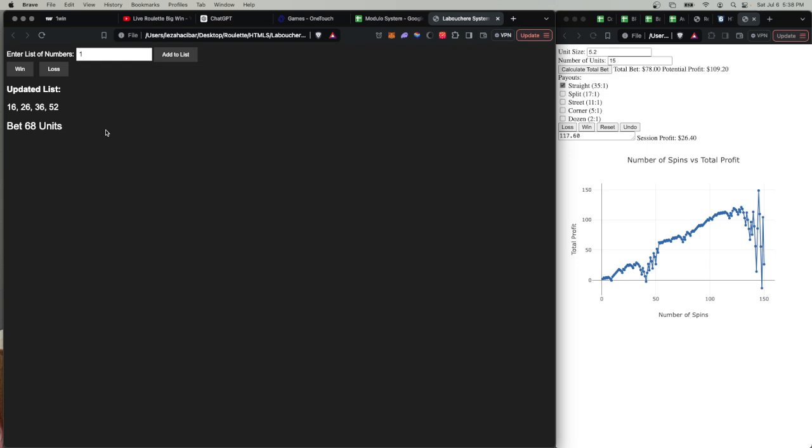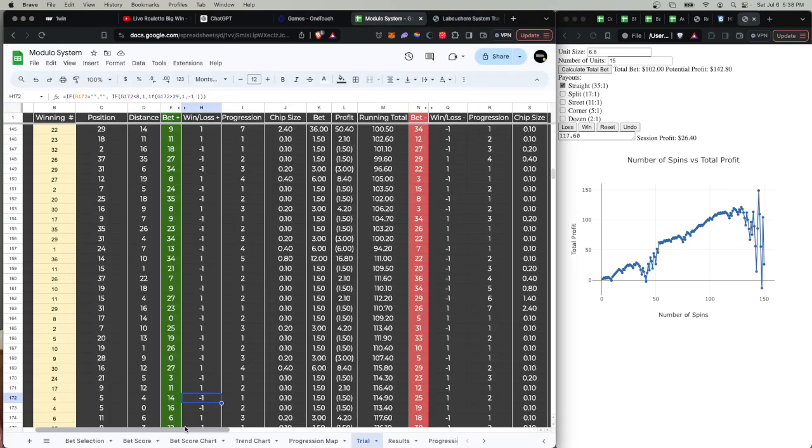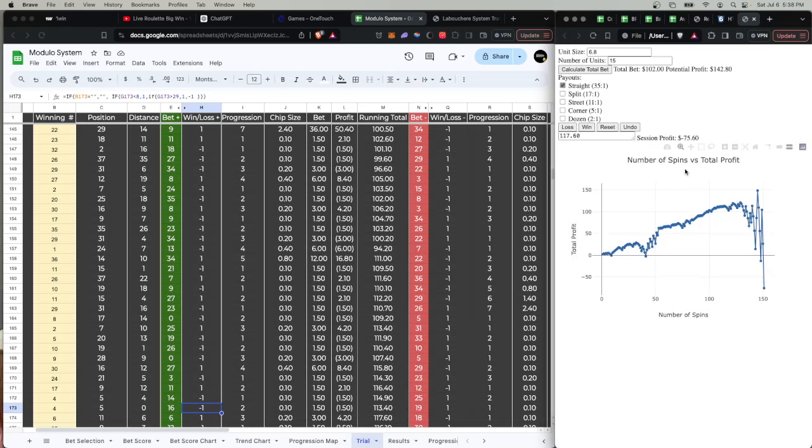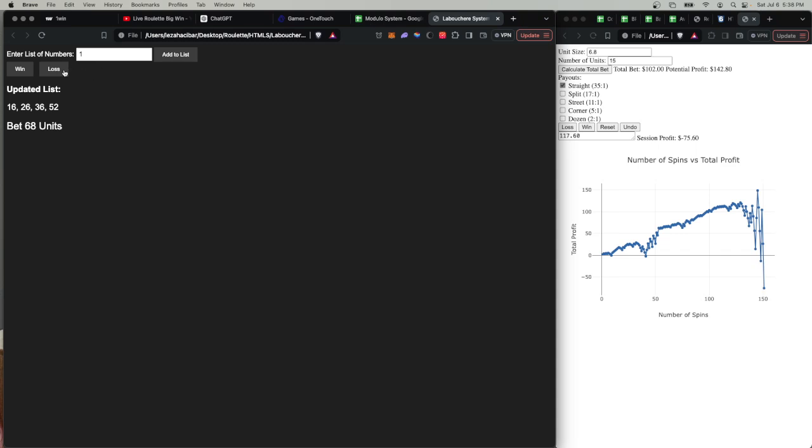So that's a loss. All the way up to a 68 unit bet. And we get another loss. So now we're officially down 75 bucks, but we're gonna play through it to see what comes out of it. It's an 84 unit bet now.